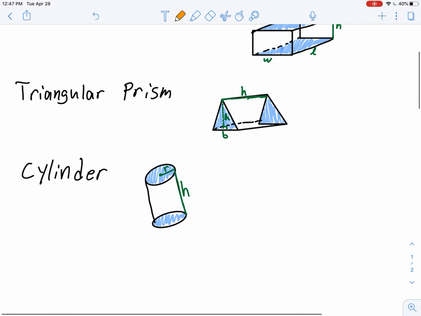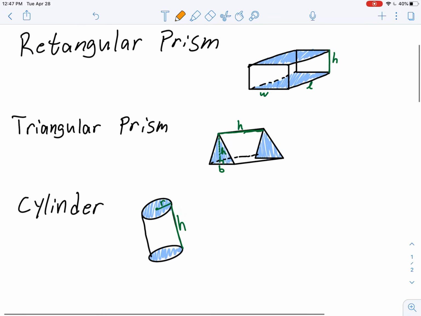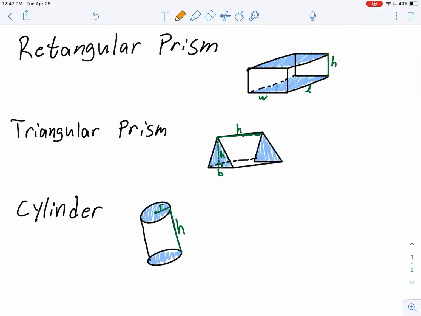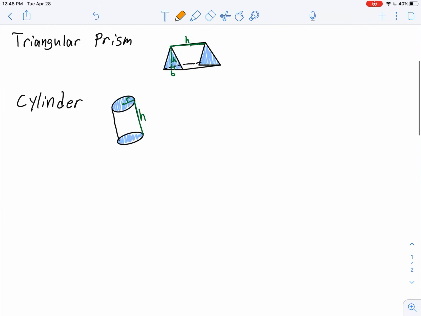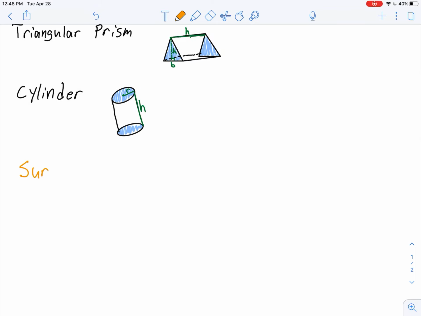All right. So now that we know the three shapes that we're going to be talking about, their dimensions, and what their base shapes are, that can help us find the surface area of them. So when I talk about surface area, surface area is how much space is needed to cover the shape.